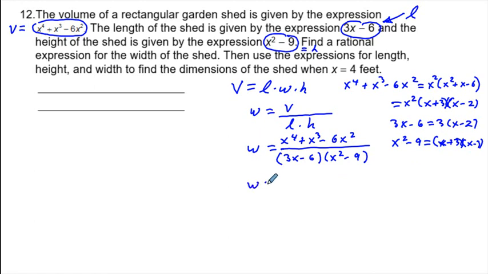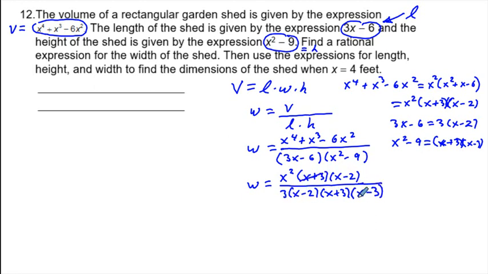So our width is equal to, in factored form, x squared times quantity x plus 3, x minus 2, over, we have our length, which is 3 times quantity x minus 2 times x plus 3, x minus 3, and we just cancel everything we can.